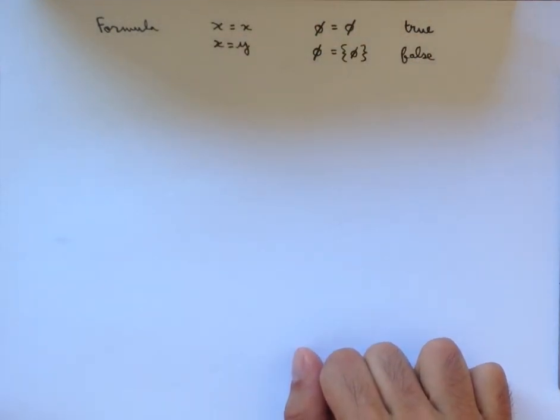So using these formulas, or the idea of formulas in general, we come to the next axiom, which is the axiom of comprehension.